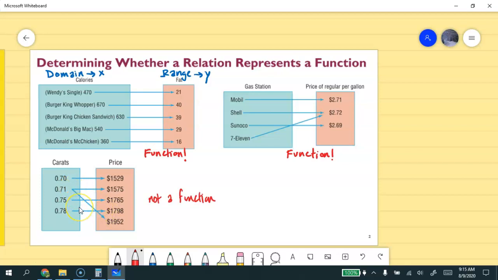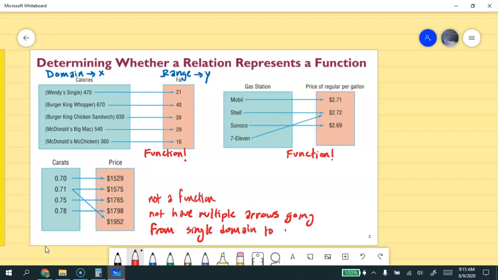The reason it's a problem is that we can't have multiple arrows going from a single domain value to multiple range values. That's just one of the ways to look at it. What we mean is you can't have an arrow going from 0.71 to 1575 and one from 0.71 to 1952. That's not something that's possible.